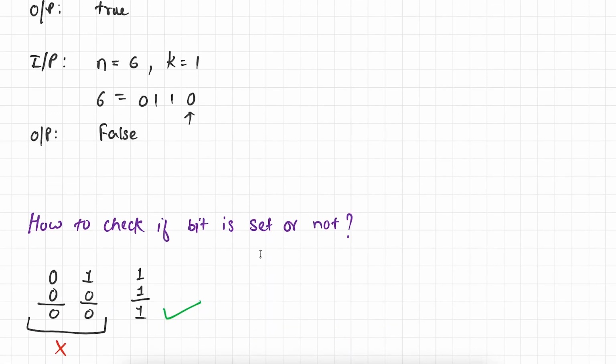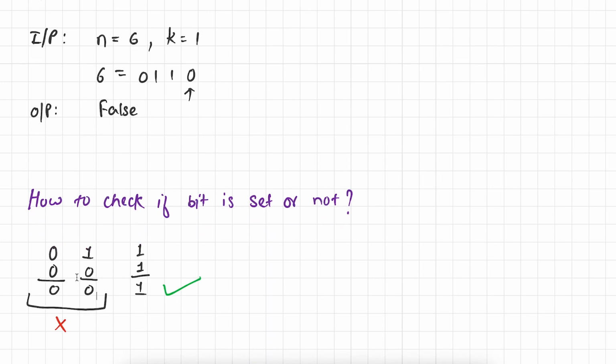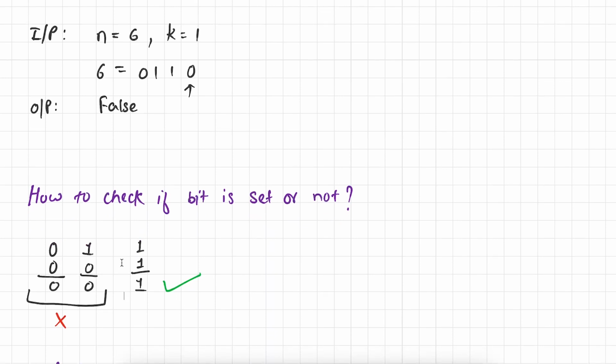So let's first see how we check if a bit is set or not. Let's consider only one bit. Let's say we have only one bit, 0. If we multiply 0 by 0, meaning binary multiplication, we get 0. And if the bit is 1 and we multiply 1 with 0, we get 0. So in both cases we are getting 0. But what if we multiply 1 with 1?